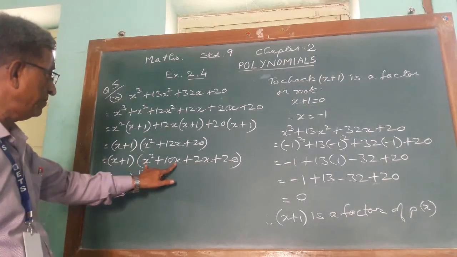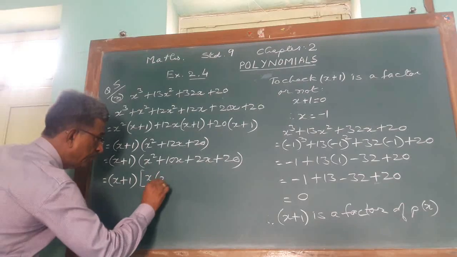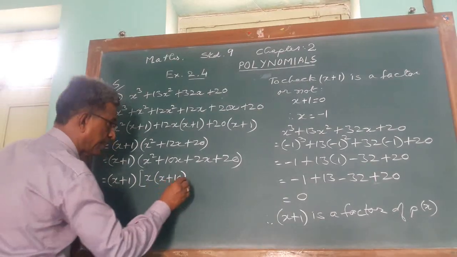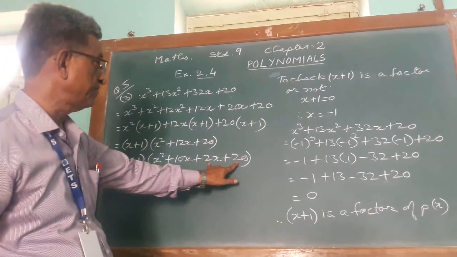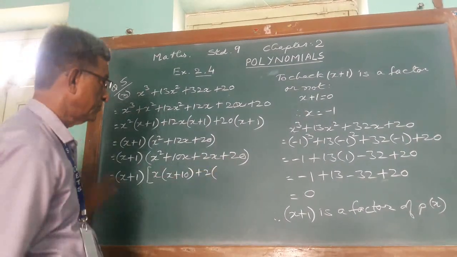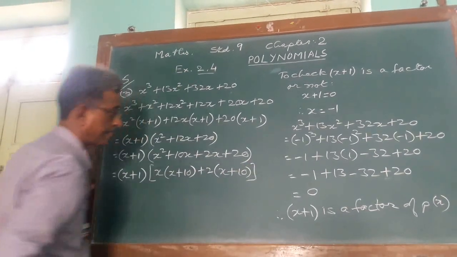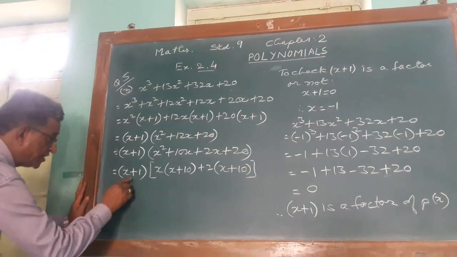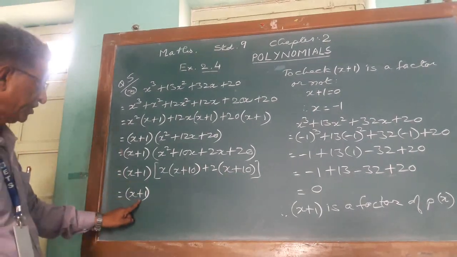Common from the first two will be x, x into bracket x plus 10, plus 2 into bracket x plus 10. x plus 1 as it is.